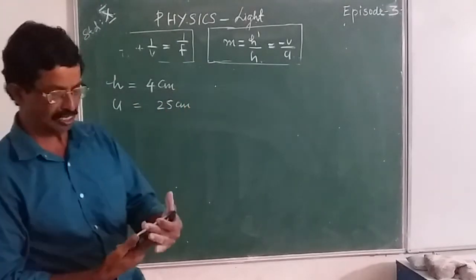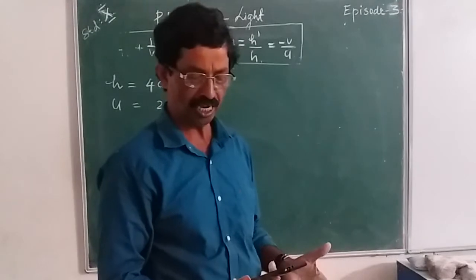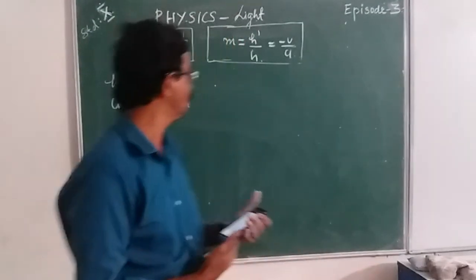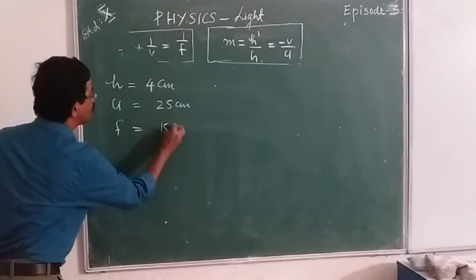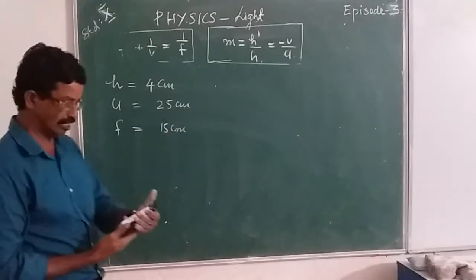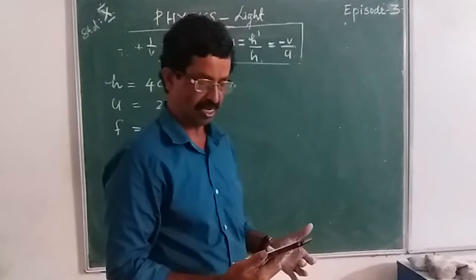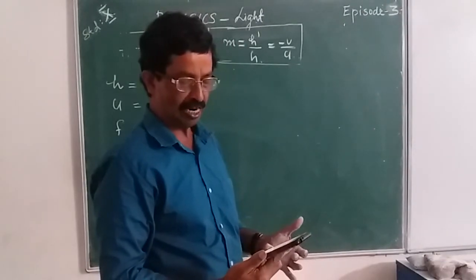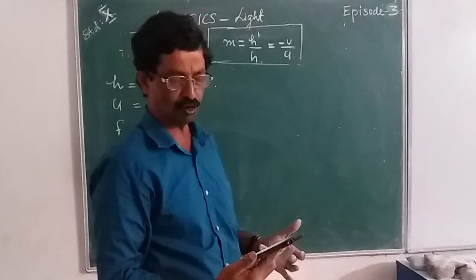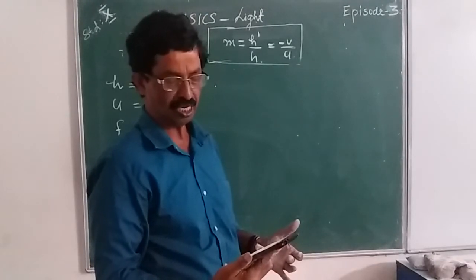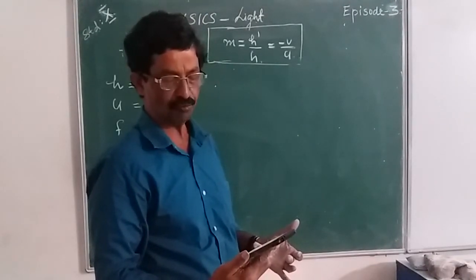The concave mirror has a focal length of 15 centimeter, f is equal to 15 centimeter. At what distance from the mirror should a screen be placed in order to obtain a sharp image? Find the nature and size of the image.